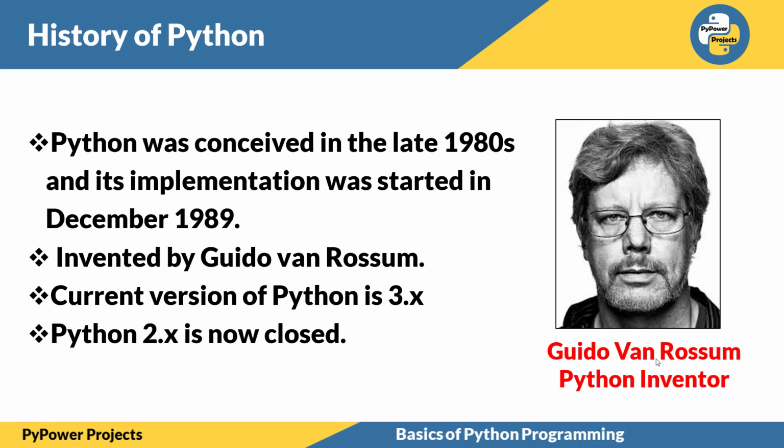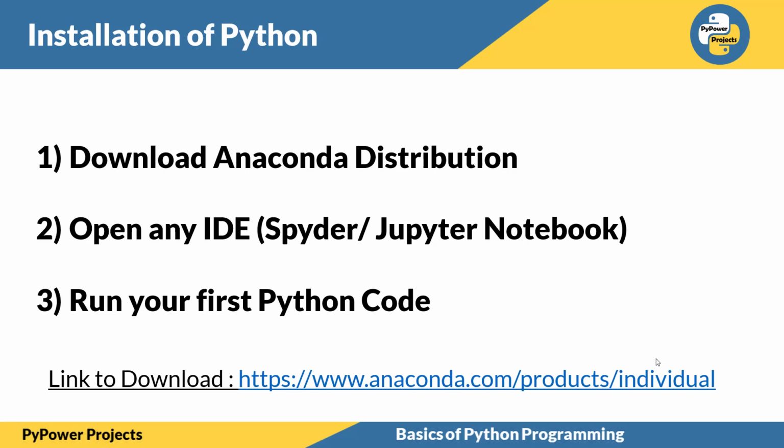There is a little bit of difference between the syntax of Python 2 and Python 3, but support for Python 2 has been closed. So I would recommend everybody to switch from Python 2 to 3, or somebody who is starting newly should work on Python 3.